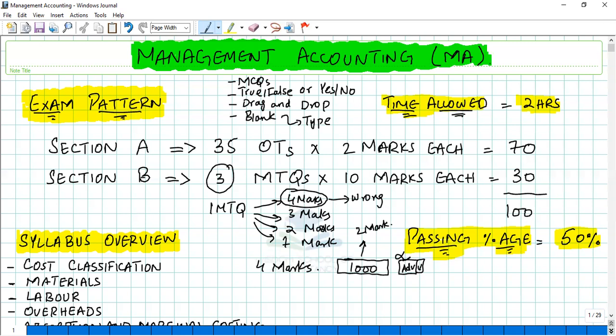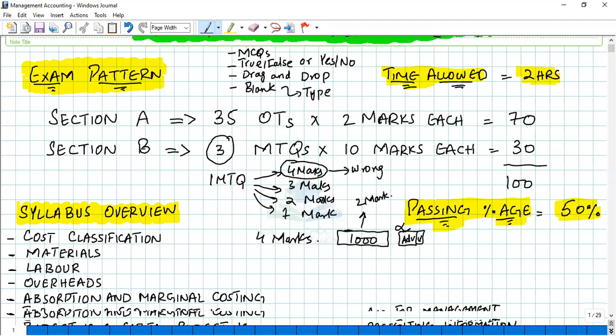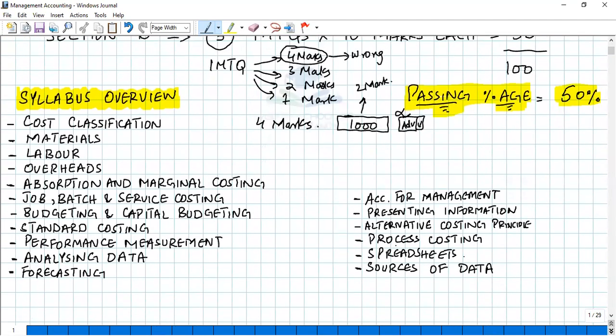So it's very beneficial for the student. The student will already know these areas, so it will help them in planning and preparing. Now, what are these three areas? Let's discuss them. The first one is standard costing.